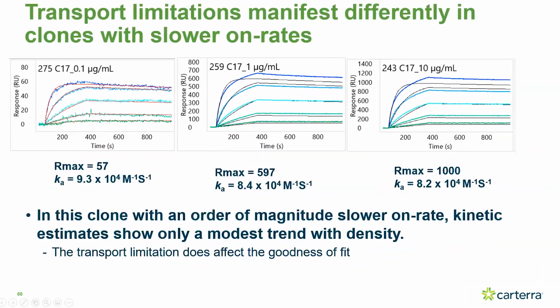You can see the data fits better at the low density, which is also a pretty common effect. We're probably getting some sort of crowding effects by having high density, but the actual kinetic estimates were not that different between those conditions. So it's both an antigen size and an on-rate dependent phenomenon about how much this mass transport effect can be observed. And it's also influenced by the chip surface somewhat.